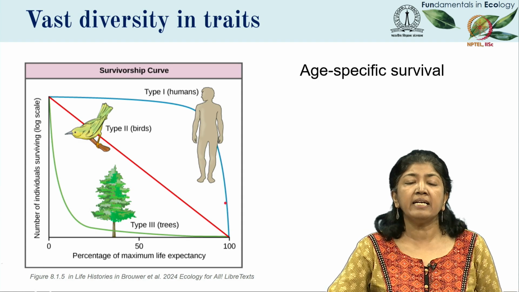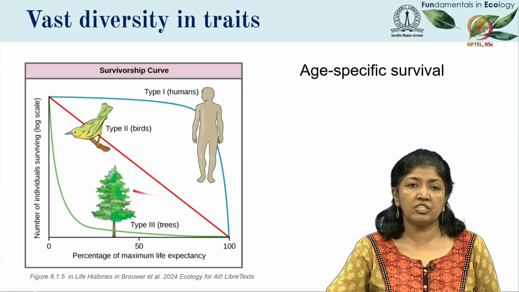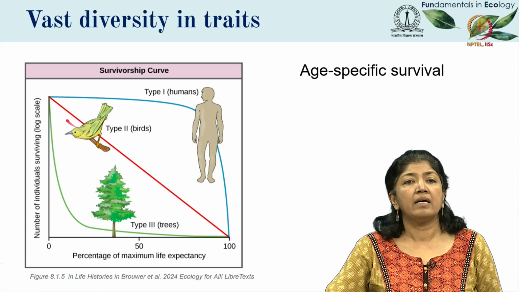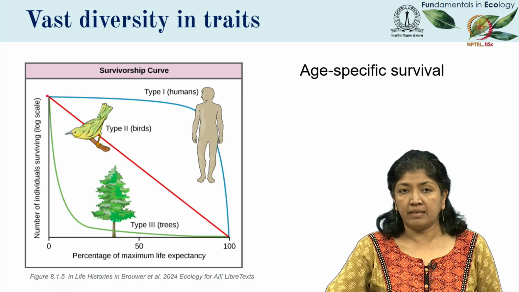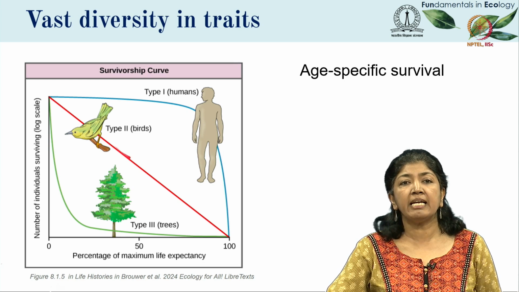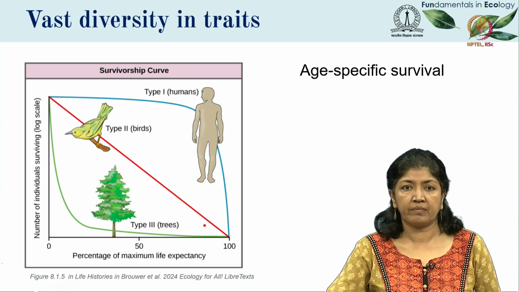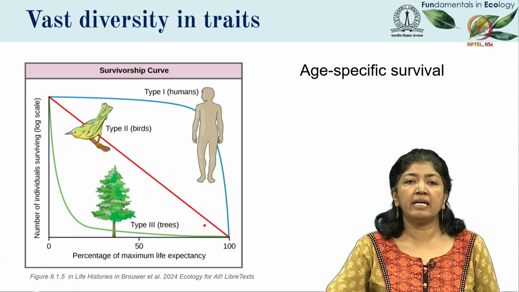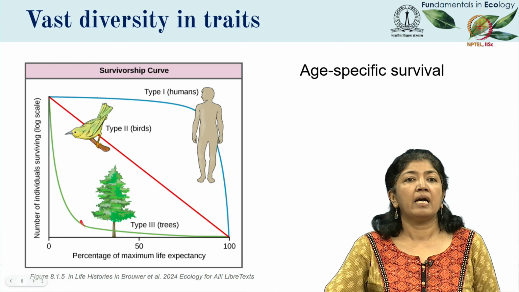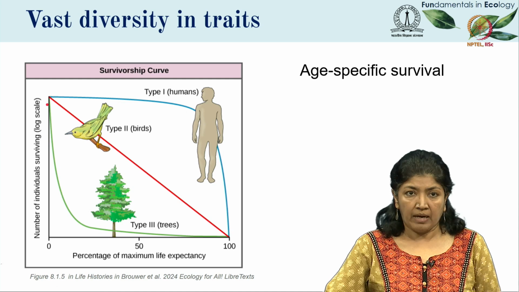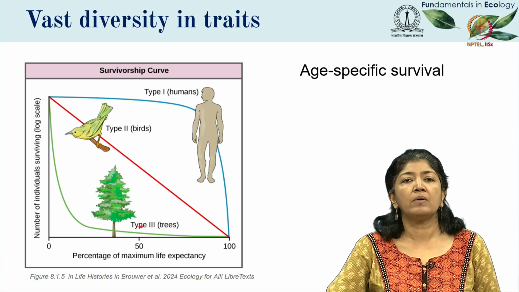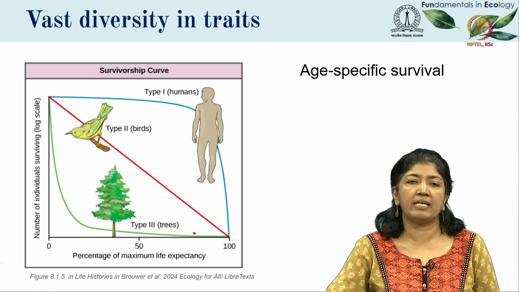On the other hand, if we look at species like many birds, we see that survival over lifetime constantly decreases. Finally, in other taxa like in many trees, there is high mortality early in life followed by a constant mortality rate.